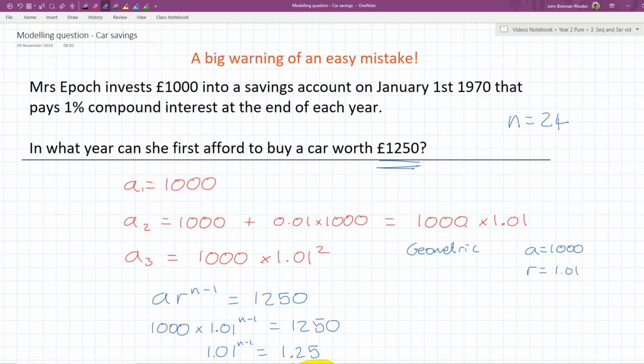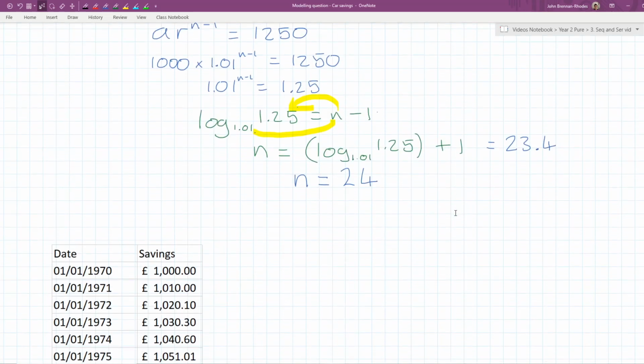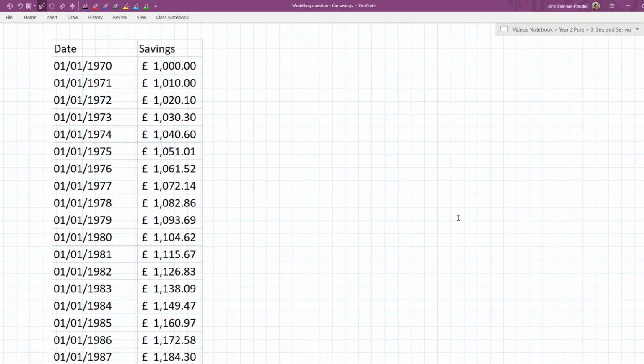So n is 24. What's the year? Try and work it out for yourself. In what year is it? Now, you might have got 1994 as your answer, but let me show you. Here is me working it out on an Excel document. 1st of January 1970 starts with 1000.